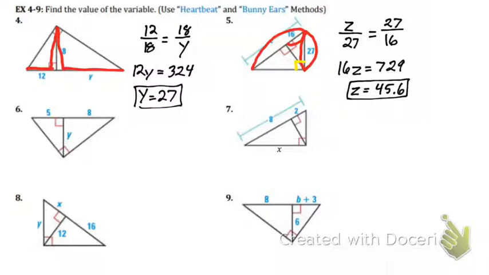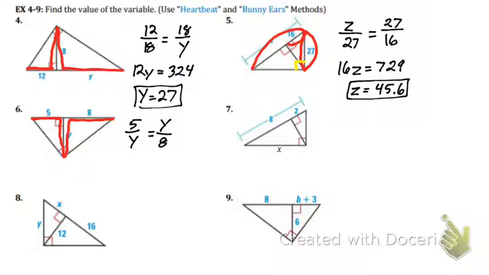All right, my next one. We have a value on the altitude. We do have a right triangle, and we do have an altitude, so I can use a heartbeat or bunny ears. This one means I'm going to use the heartbeat because it is on the altitude, so I'll go 5 over y equals y over 8.